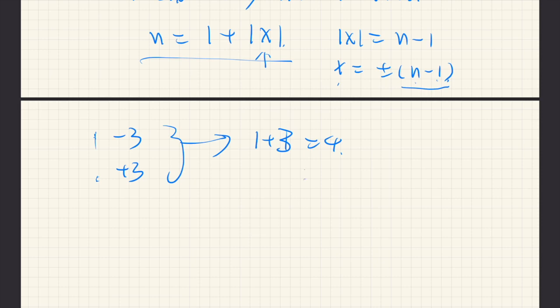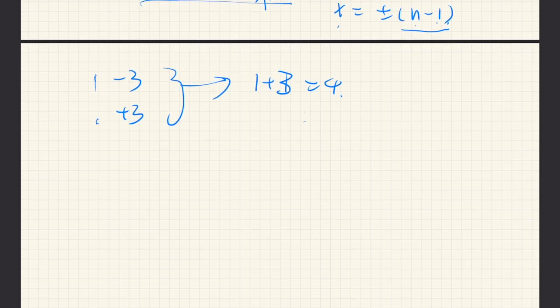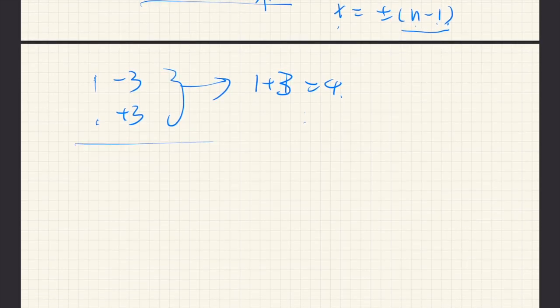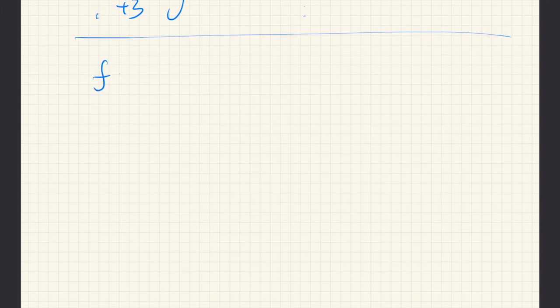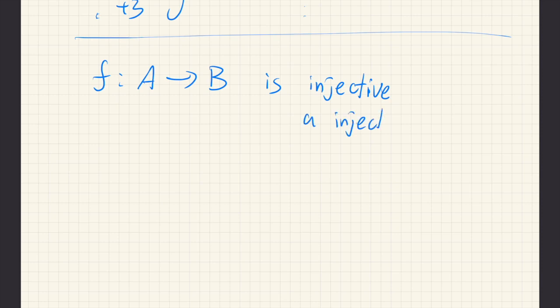That is also a special case of a map, and that map is called an injection. Let's define it more formally. Suppose we have a function or a map from A to B, and we call it injective, or an injection, or one-to-one.